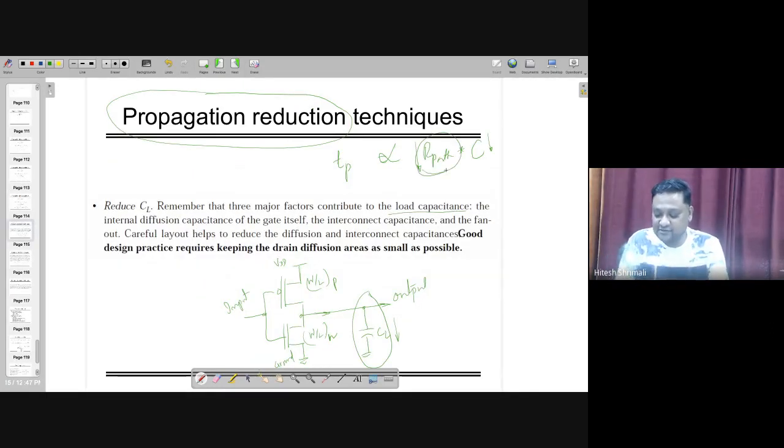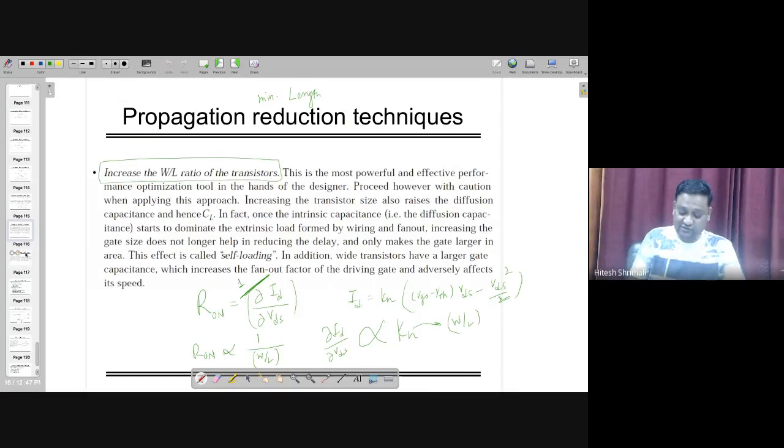But the problem occurring is that as you are increasing the W by L, at the same time you are increasing the node capacitance, because C is W times L times whatever C is there. If it is Cox prime, CGD, it is W times L times Cox prime, W times L times CGD prime, and so on. So everything is multiplied with area.